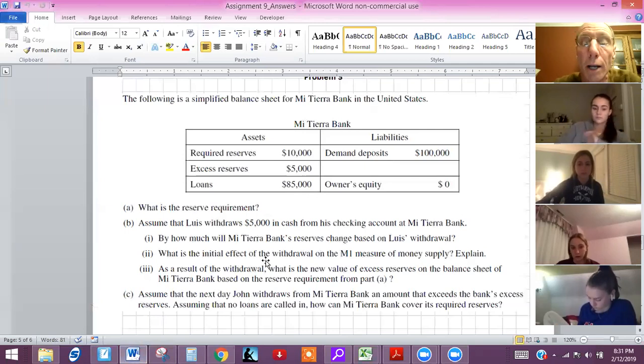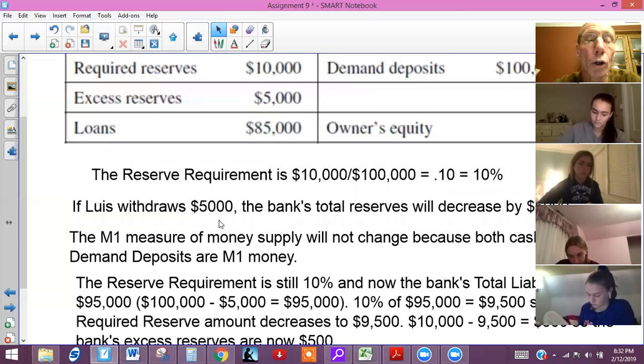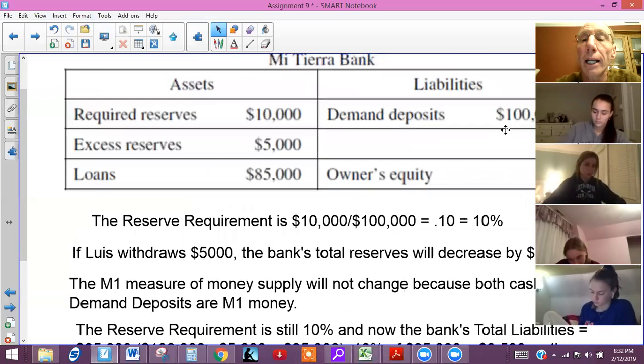And just to know, M1 money is a type or category of money that includes both cash and demand deposits. So when Lewis withdrew his 5,000, it actually just changed demand deposits from demand deposits to cash, because he took this out of the bank's deposits.